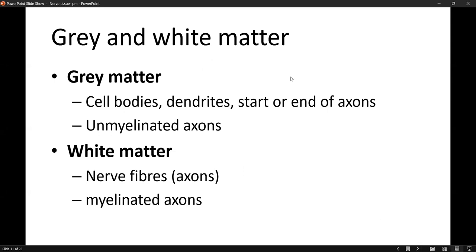Now, a very important structural classification in the nervous system is gray matter and white matter. So what is gray matter? Gray matter is where you have collections of cell bodies with their short processes, and also where you may see unmyelinated axons.